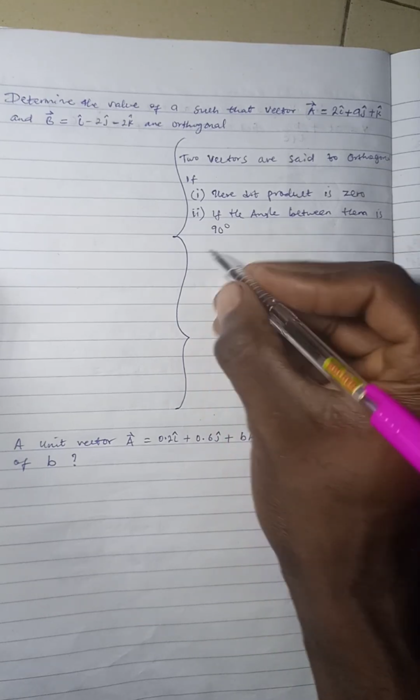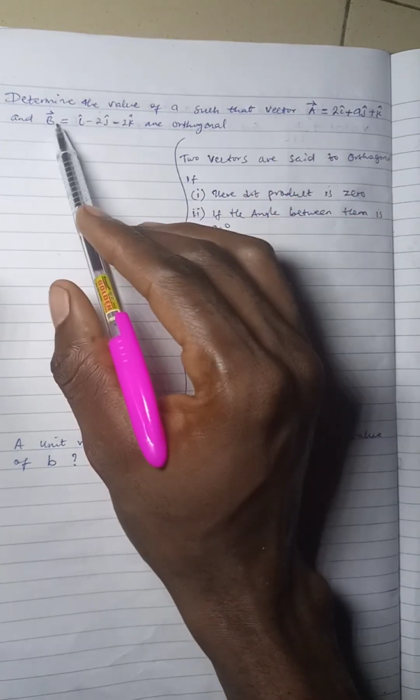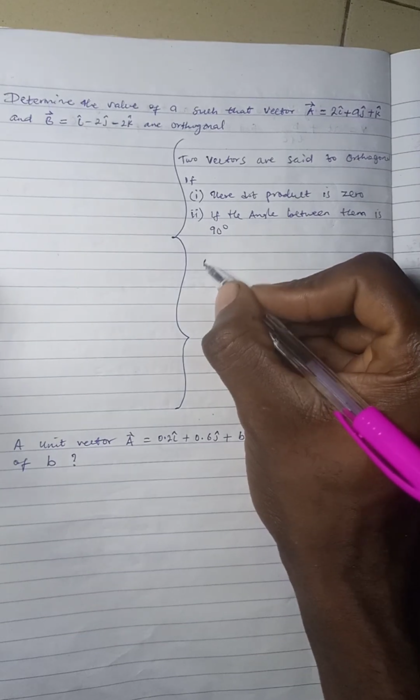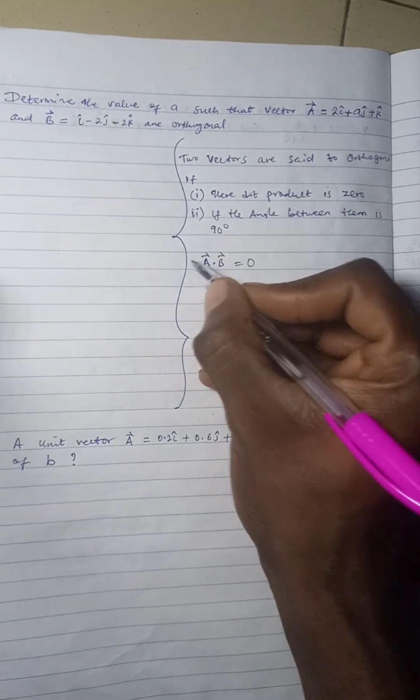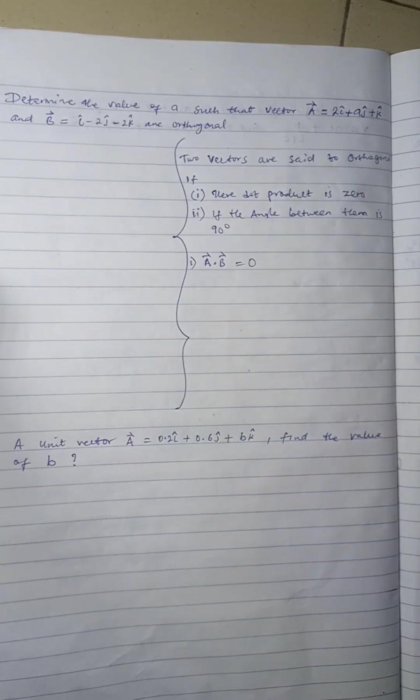So look at what it means. Since we have vector a and vector b, if their dot product, that is vector a dot vector b, is equal to 0, they are orthogonal.